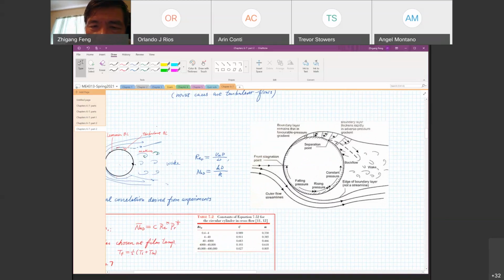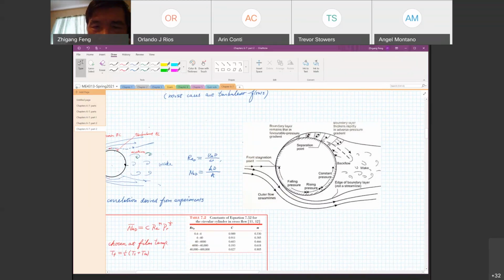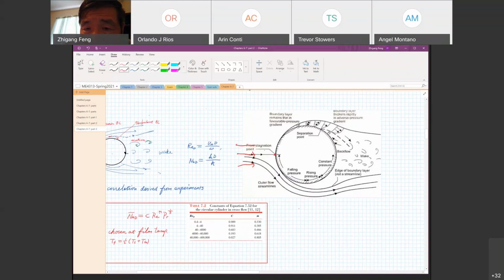So we have a flow from the left side moving toward the right side. And that's a stagnation point where velocity is zero. That's the so-called front stagnation point. This is the terminology introduced in fluid mechanics.